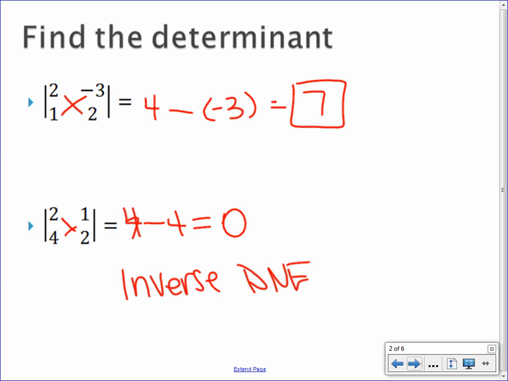Anytime your determinant is 0, and it doesn't matter how big your matrix is, 2 by 2, 3 by 3, 20 by 20, if your determinant is 0, the inverse does not exist. Questions?